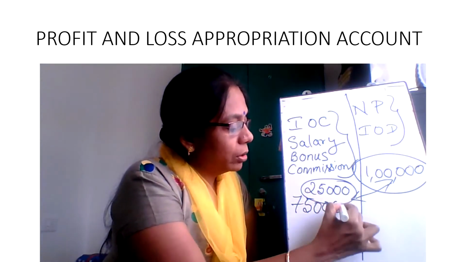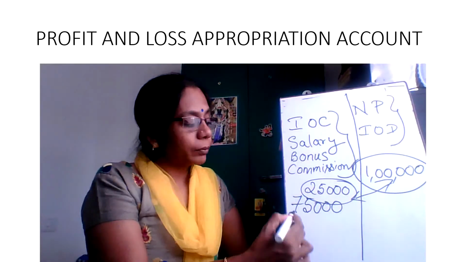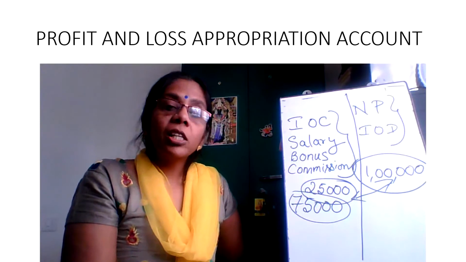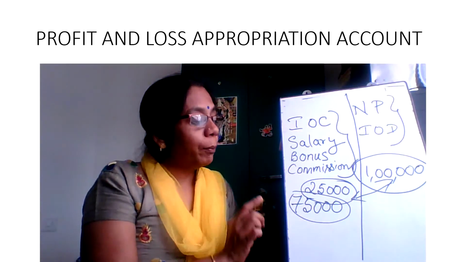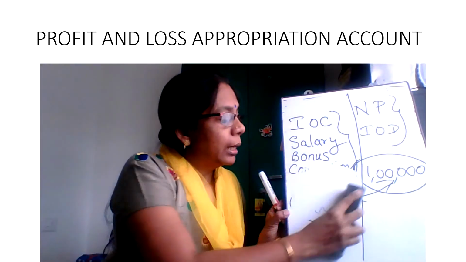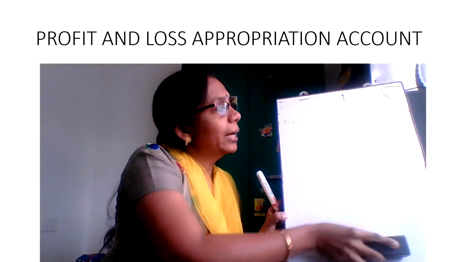Which side you have to put this money? On the debit side. So when you put the 75,000 here, to which account will it be entered into? It needs to be posted to the personal accounts of the partners. The personal accounts of the partners would be called as their capital accounts.